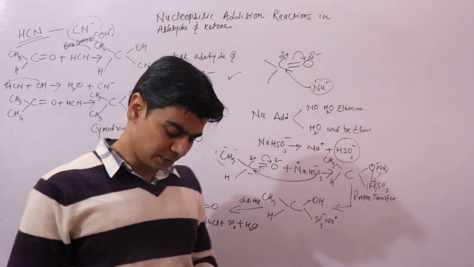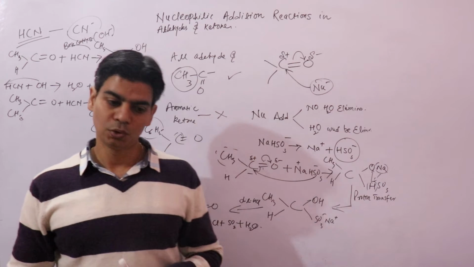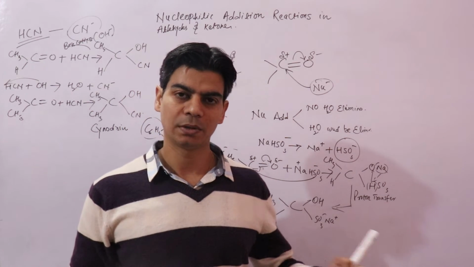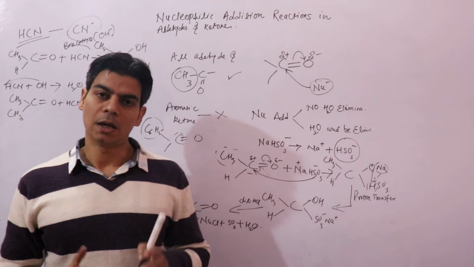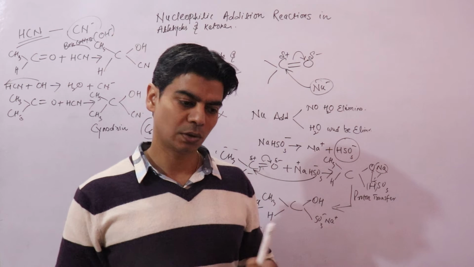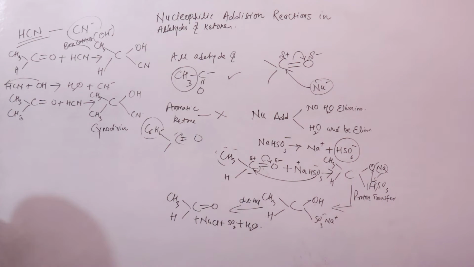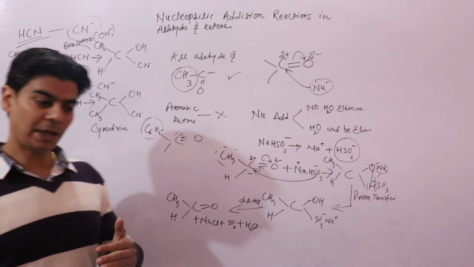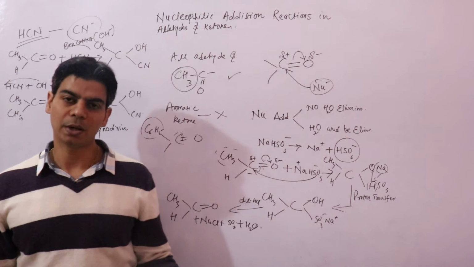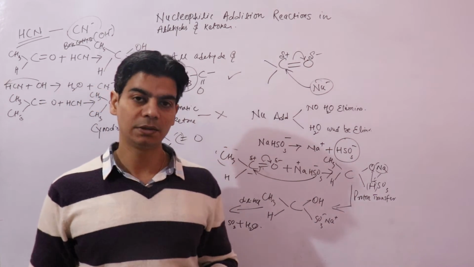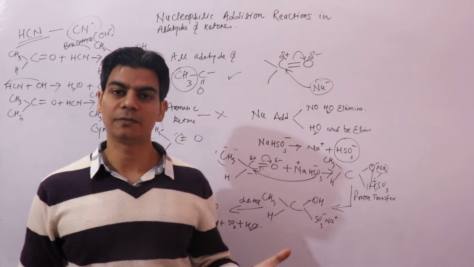Now these cyanohydrins can be used to make other compounds like your alpha hydroxy acids, your alpha amino acids and your alpha beta unsaturated acids. So since these cyanohydrins can be used to make other compounds, we say that cyanohydrins have a high synthetic value.